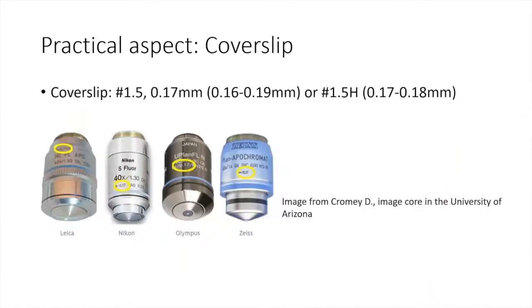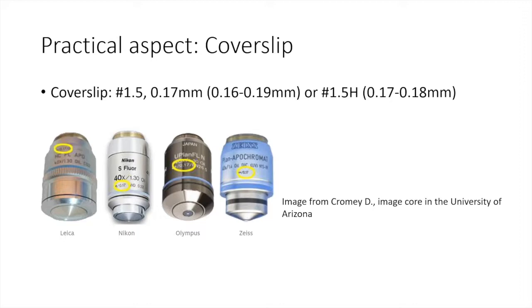So one practical aspect is the cover slip. And I think this is very important, and sometimes I just forget this part. For the cover slip, you just need to make sure it is right for your objective. Most objectives are for 0.17 millimeter thickness.